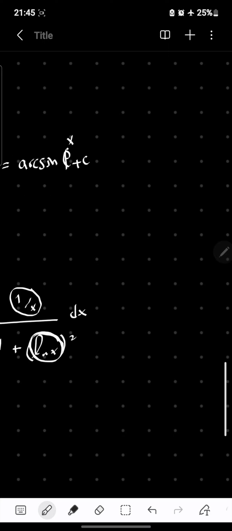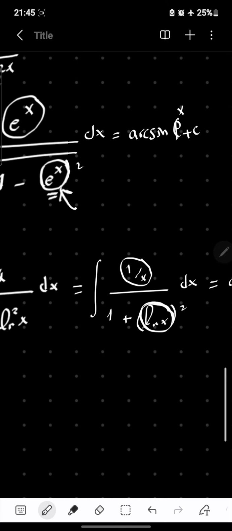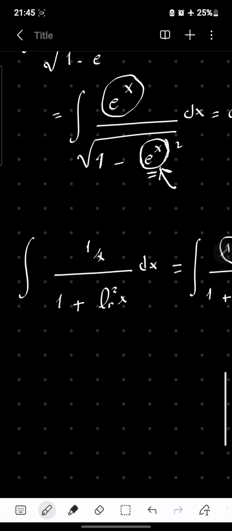So it will be arctangent ln x plus c. I will leave the many examples that we solved in the lecture for you to review. I think we solved most of them.